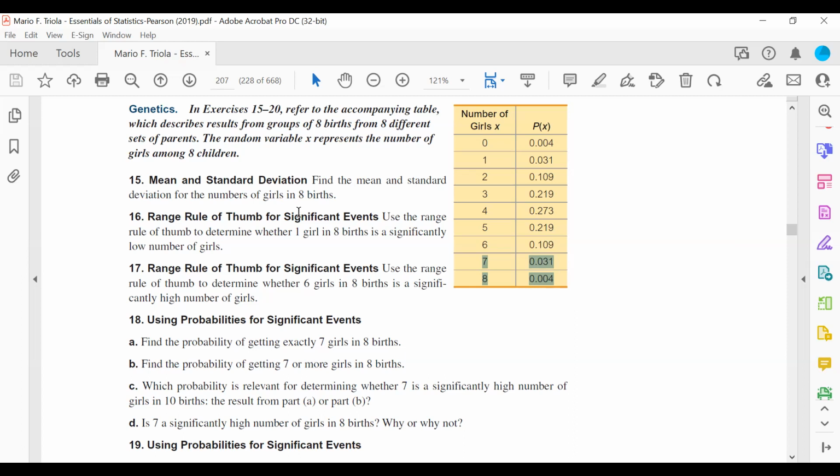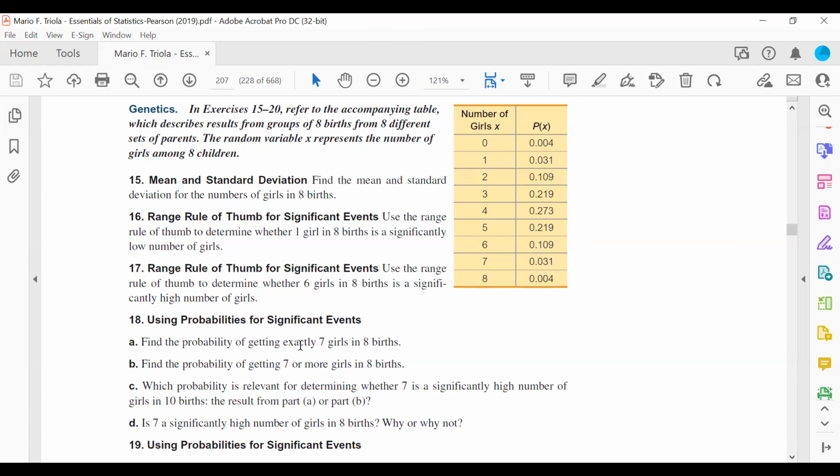And then C says, which probability is relevant for determining whether 7 is a significantly high number of girls in 10 births? If I'm going to use a shortcut, which of these two will give me my answer, A or B?